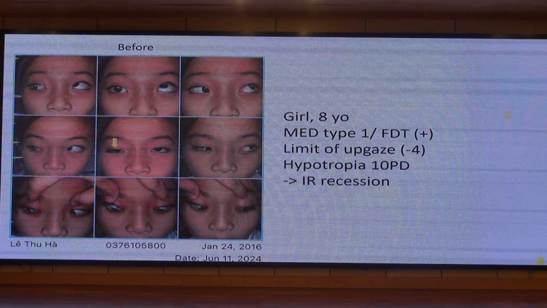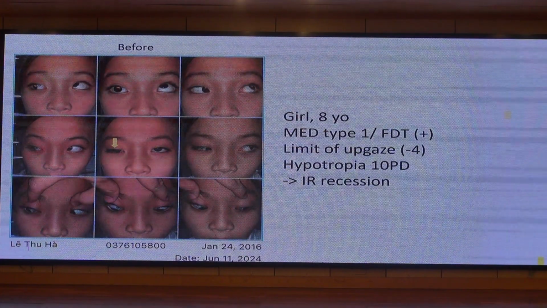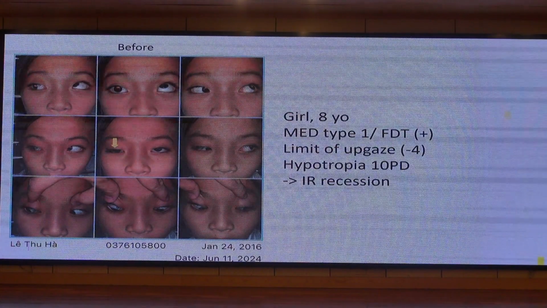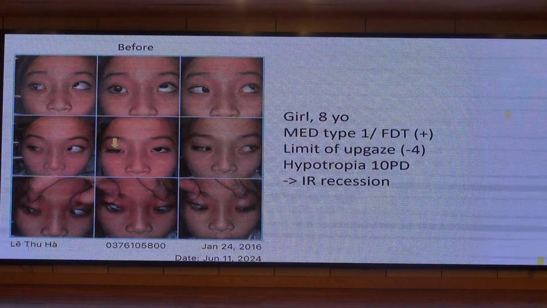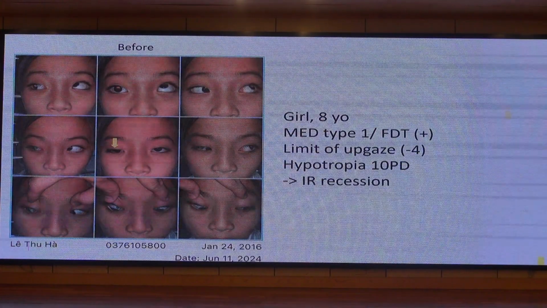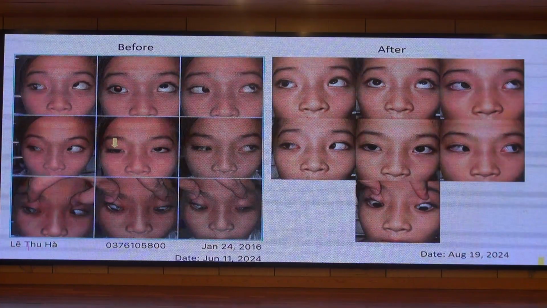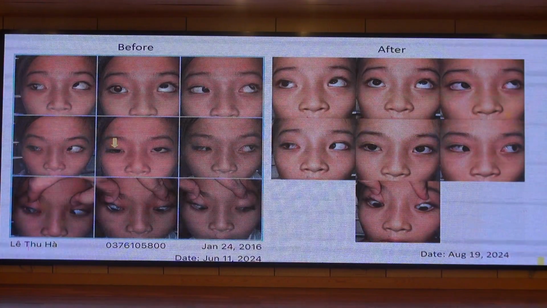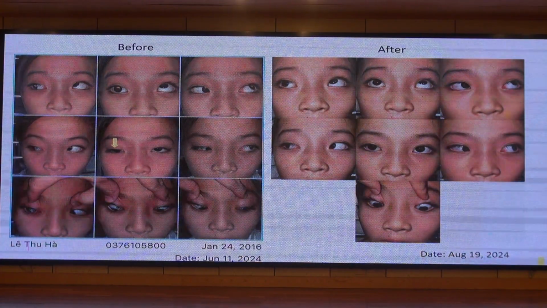She has hypertropia and ptosis in the right eye, and she has limitation of elevation, and we decided on inferior rectus recession. Two months after surgery, she had a good result in primary position. There is no hypertropia, and when she looks up there is a little limitation, but it is much better than before.